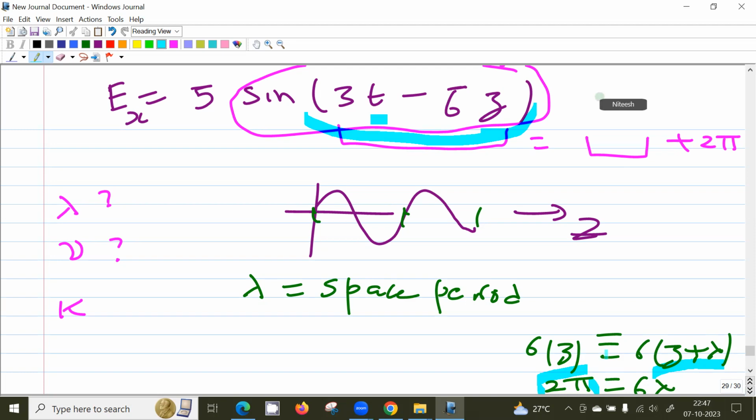From there, we get the wavelength lambda as 2 pi by 6. So for this particular variation of Ex, I get lambda as 2 pi by 6 meters. Similarly, I can find the frequency nu. Frequency nu is related to the time period.